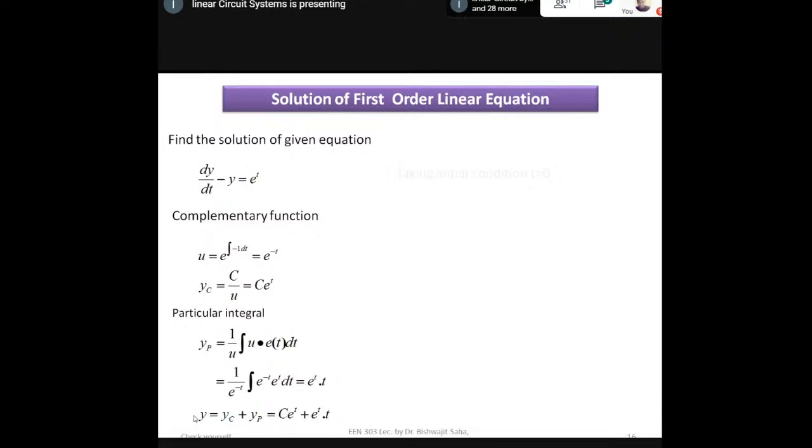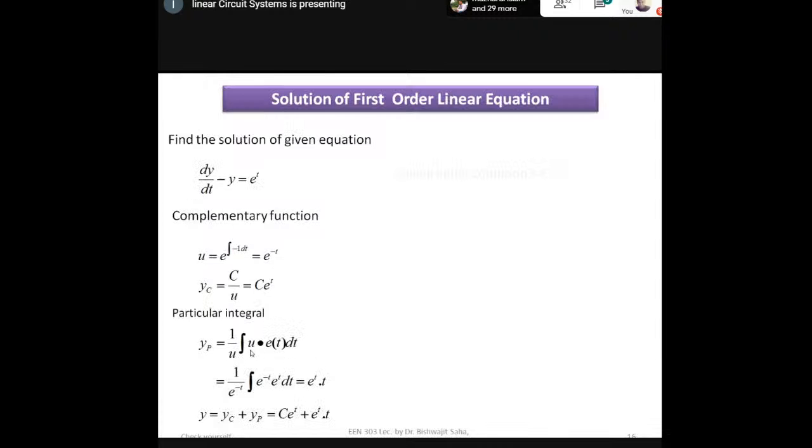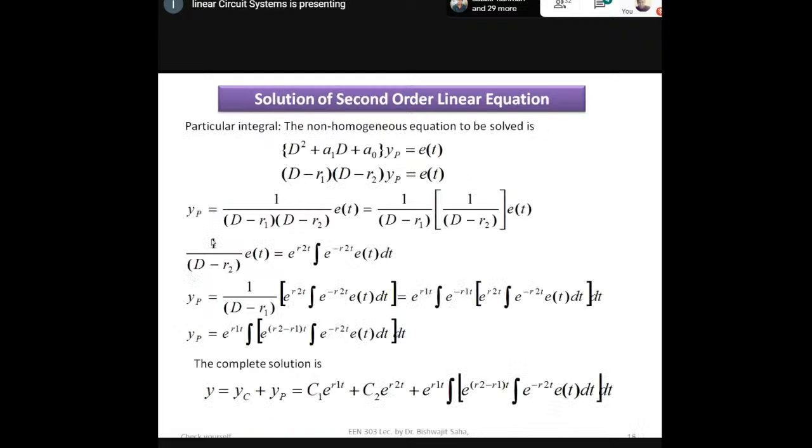Okay, Jim, your question is here. Look at this one: y equals 1 over u, integration of u multiplied with u of t dt. Can you see this one? Now compare with this one and our line, 1 over (D minus r1) u of t.